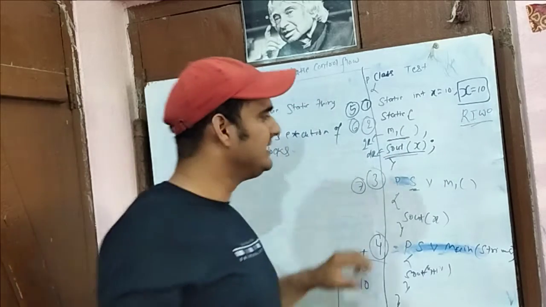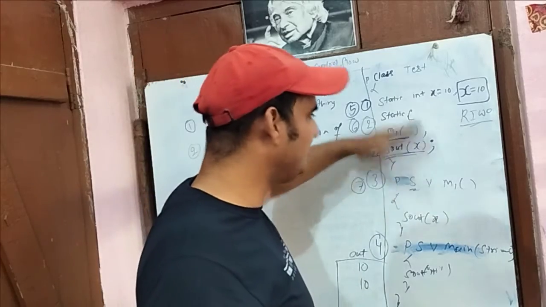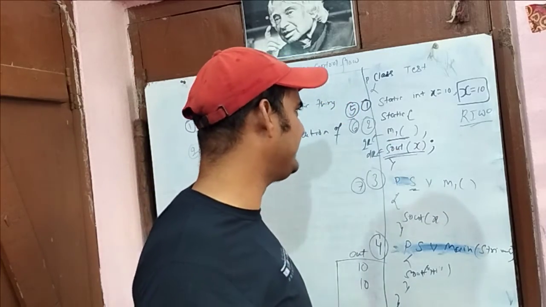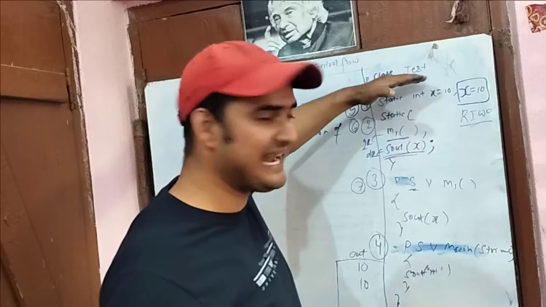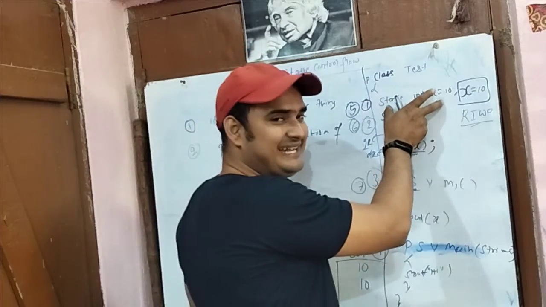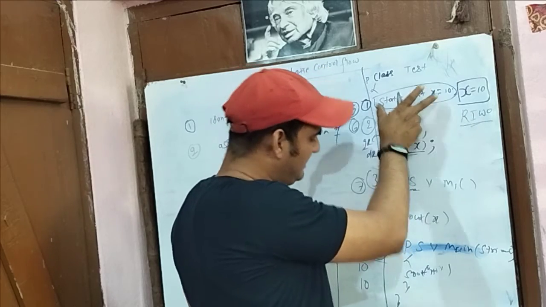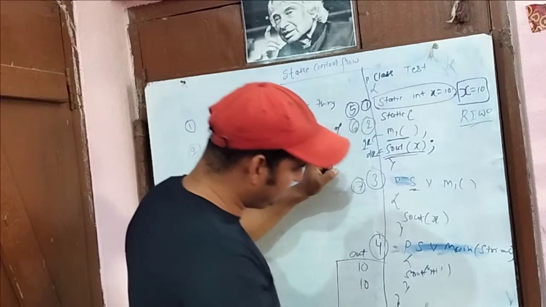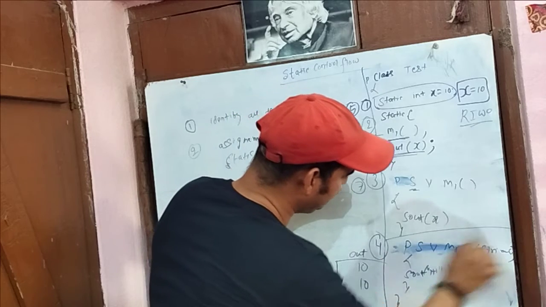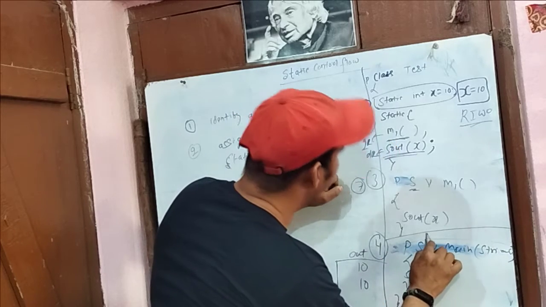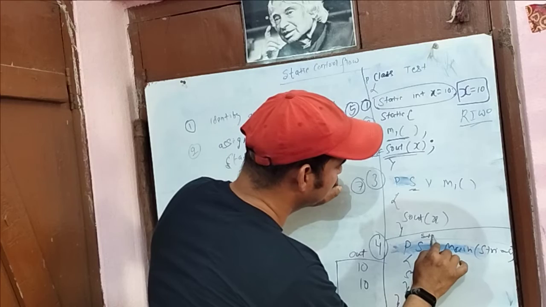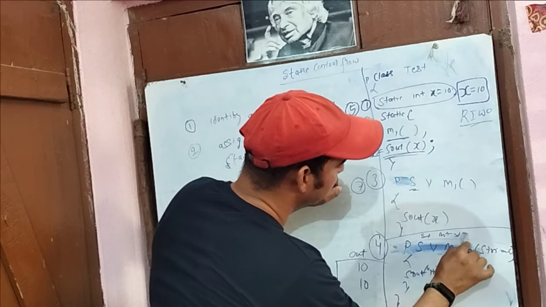Now there is a trick. Let's suppose I will directly call S out of X. And I am talking about this static variable. Let's suppose this static variable was defined below this method, like static int X is equal to 10.